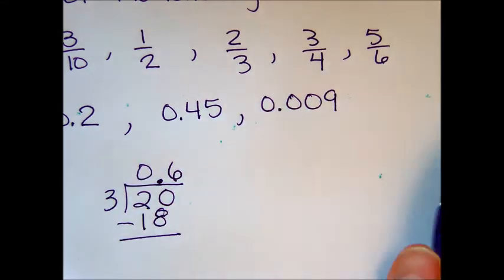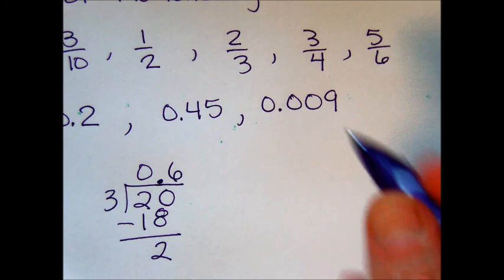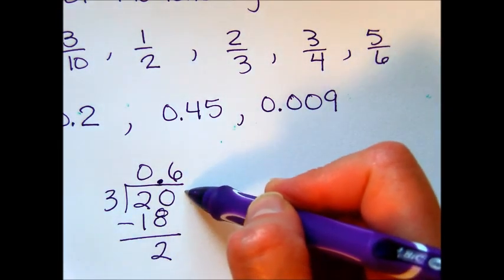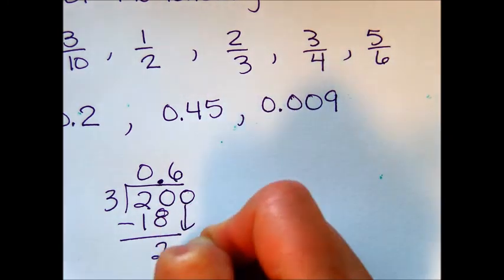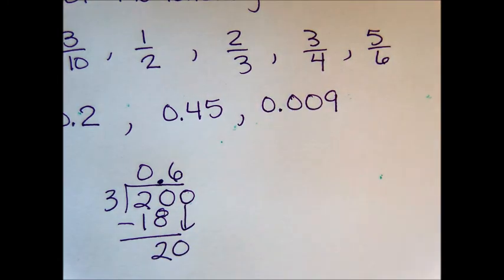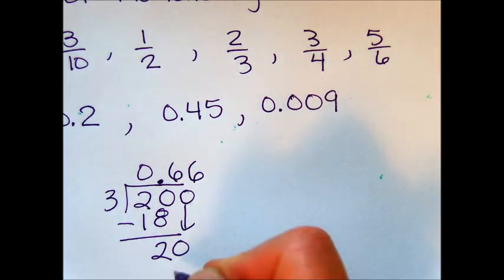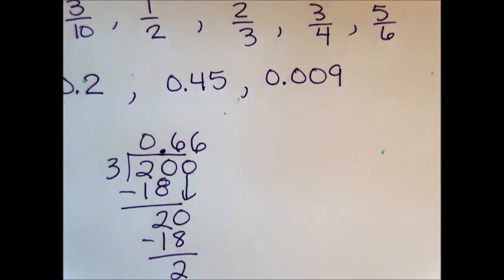And when we subtract, we get 2 again. Now notice we started with a 2. And if we were to add another 0 and bring that down, we get 20. And we already dealt with 20. 3 goes into 20 6 times. And we're just going to keep getting 2s.